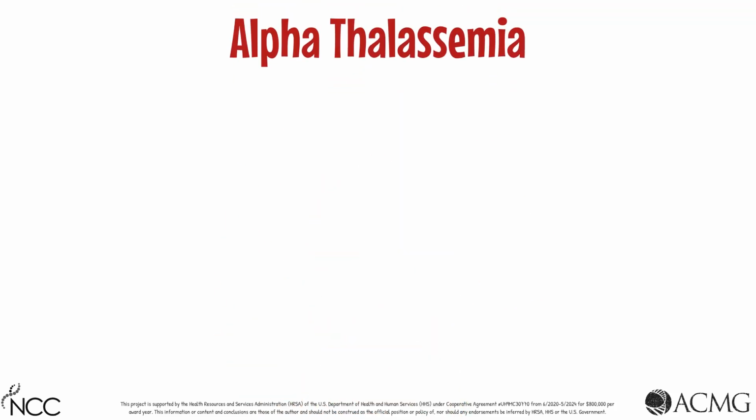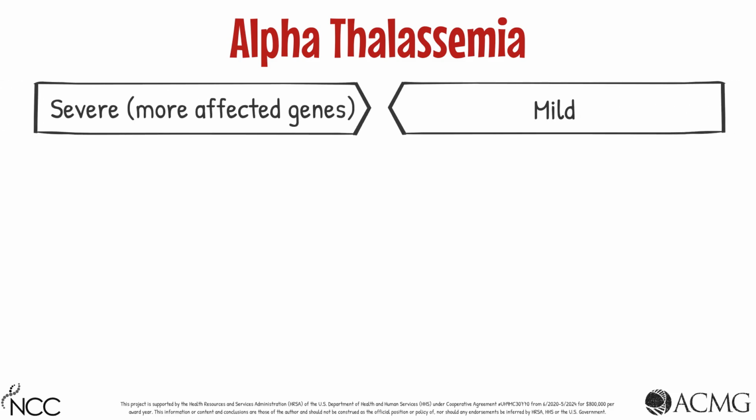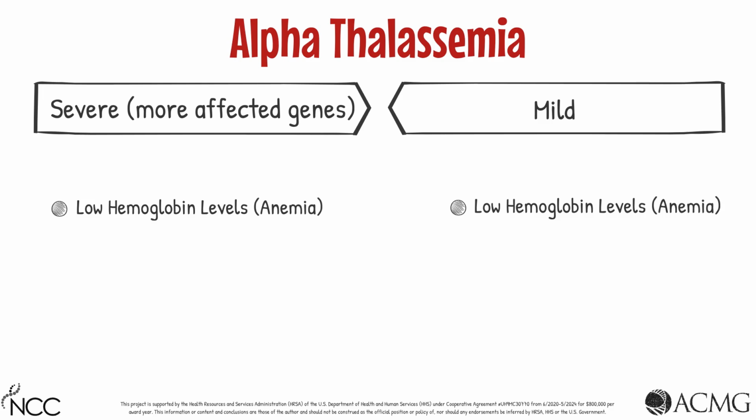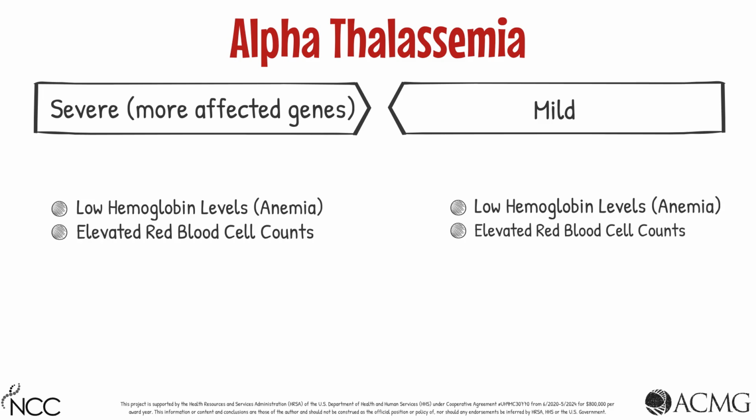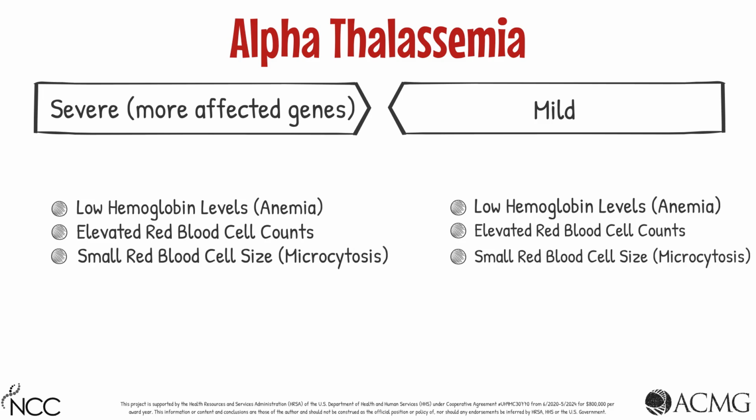Signs and symptoms vary widely based on the type of alpha thalassemia the baby has. Both severe and mild alpha thalassemia can cause low hemoglobin levels or anemia, elevated red blood cell counts, and small red blood cell size or microcytosis.